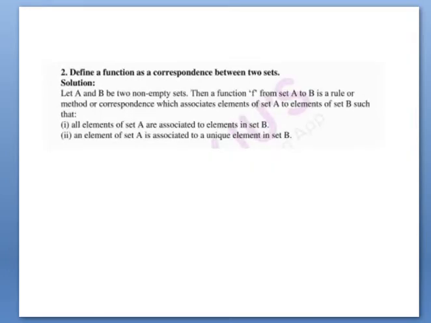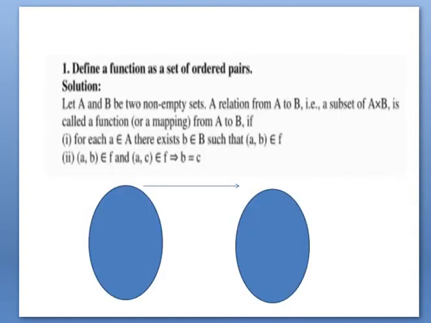Now in the second example, the first point is, all the elements of set A are associated to elements in set B. So is it clear that both the points are same? Again, if you compare the second point of both the questions, see, ordered pair (A, B) belongs to capital F and ordered pair (A, C) belongs to capital F implies that B is equal to C. That means if the first elements are same, then the second elements are also same.